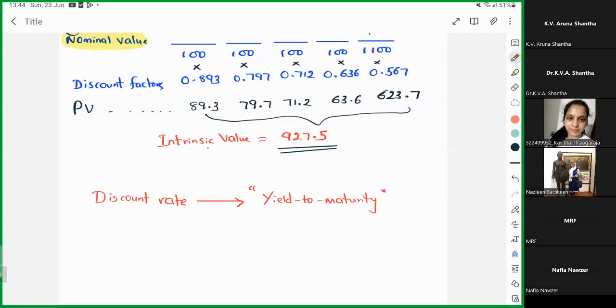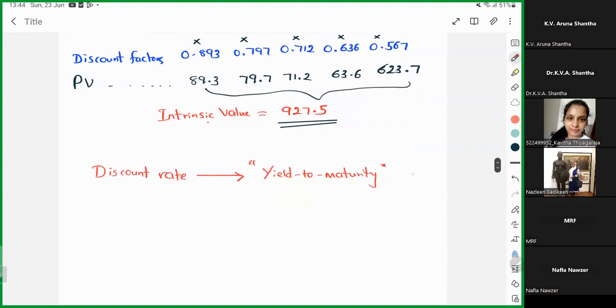We call it technically yield to maturity, or the required return. So the more technical term is yield to maturity. In this example, we have taken a yield to maturity of 12%.